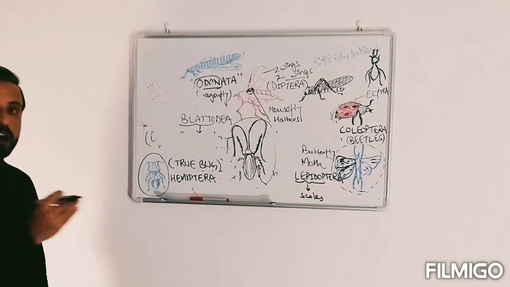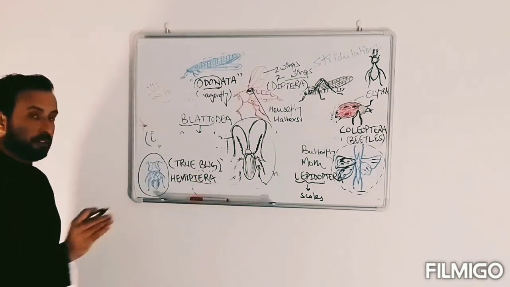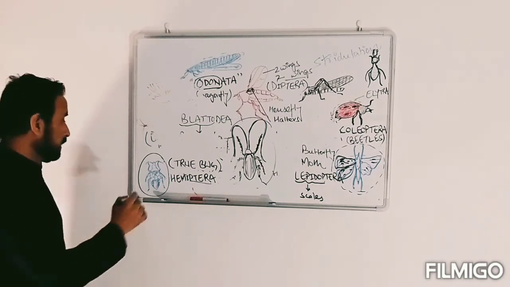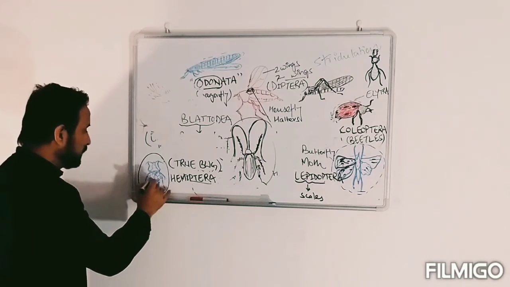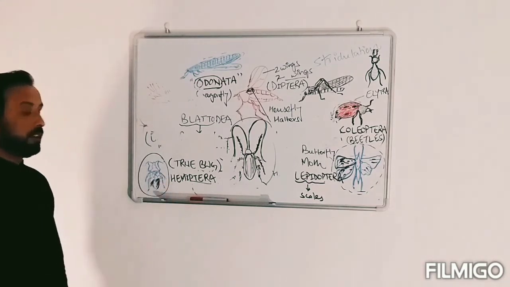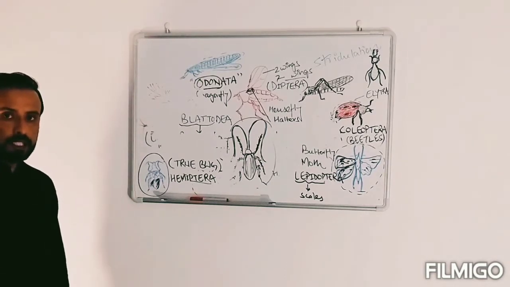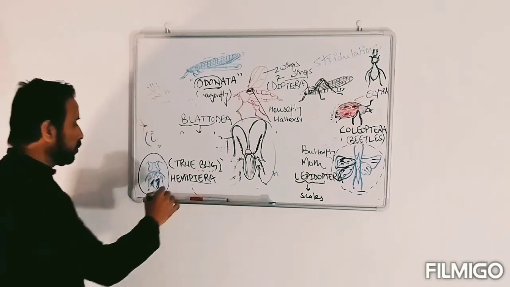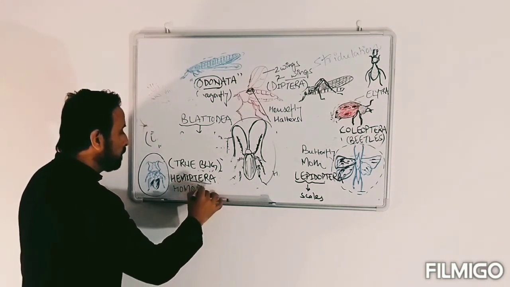Hemiptera means half wing. Half of the wing they have is membranous, and half of the wing is colored dark. That is why they are called Hemiptera. There is a very similar order called Homoptera.